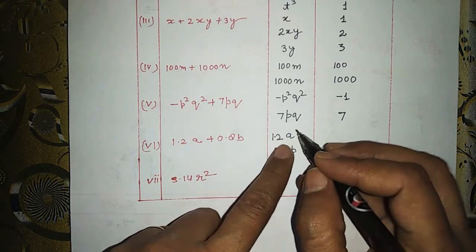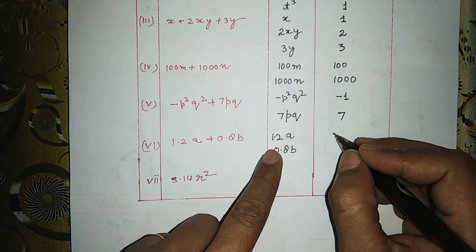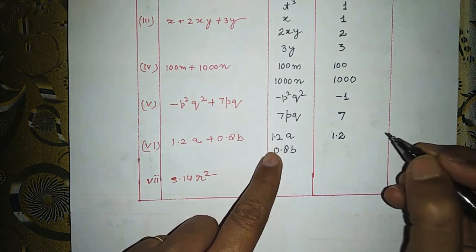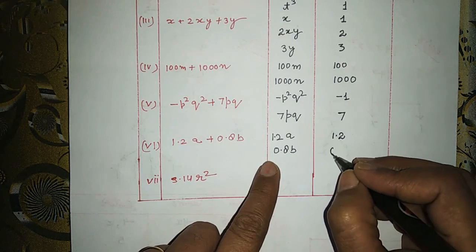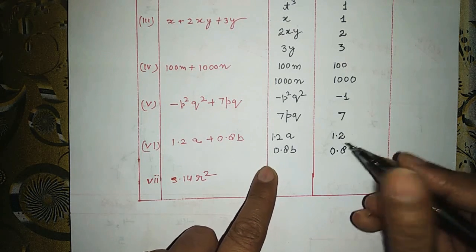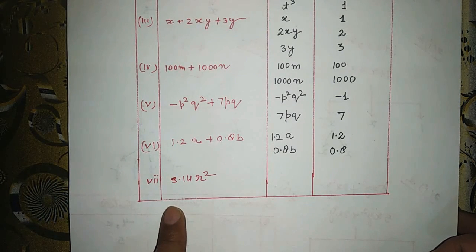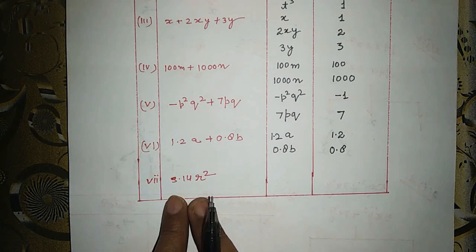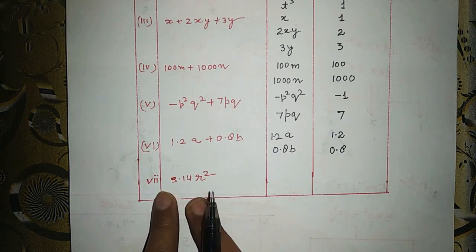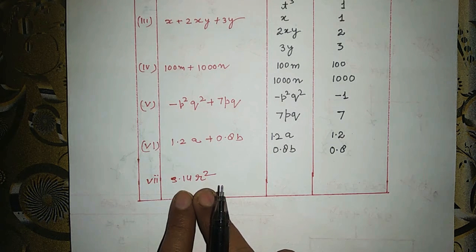Now we will write the numerical coefficient of 1.2a. The numerical coefficient is 1.2, and the numerical coefficient of 0.8b is 0.8. Now come to the next part of this question. Here the seventh part is 3.14 r square.